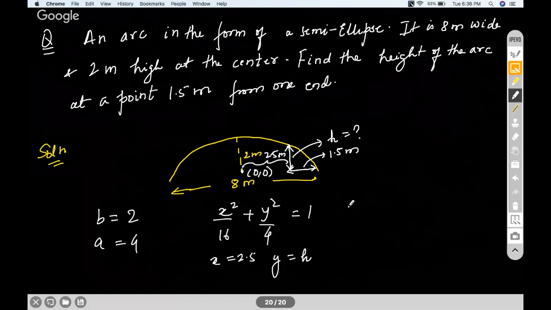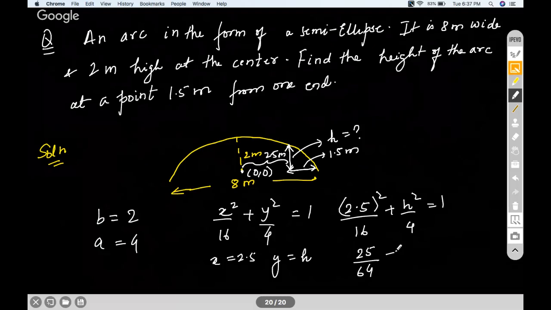Okay. So let's find it out. 2.5 square by 16 plus h square by 4 is equal to 1. Right? 2.5 square is 25 by 4.